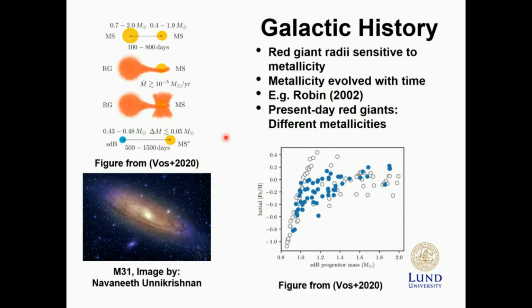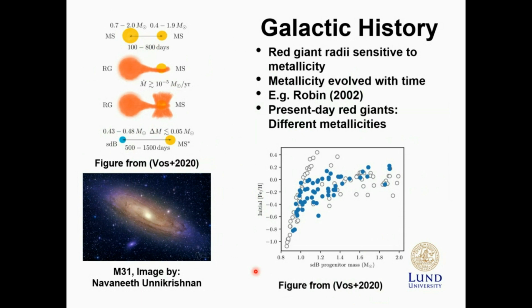So there we are, here is the connection. Here on the top left, we see the subdwarf B formation scenario. In the bottom, we see this image of the Andromeda Galaxy, which, by the way, will merge with the Milky Way galaxy in 4 billion years or so, which is okay, because there are going to be many other horrible things happening to the Earth before that.